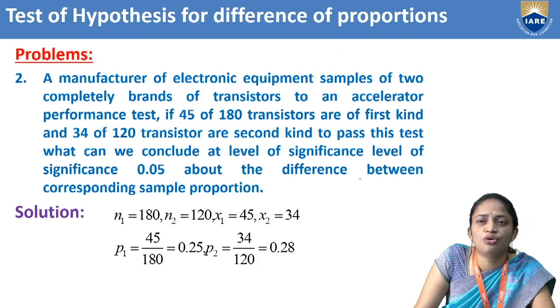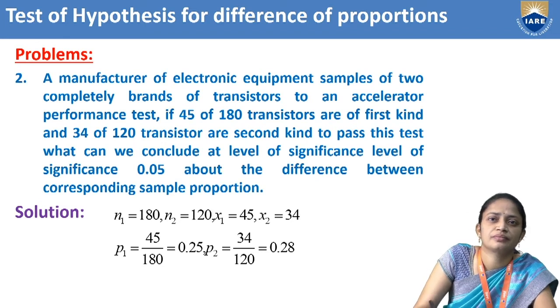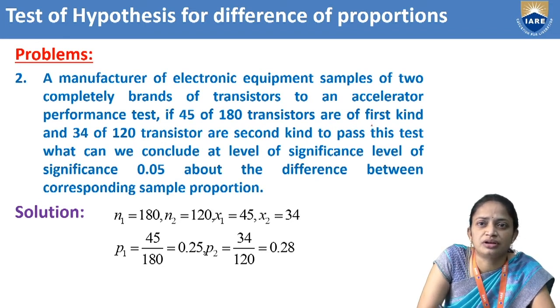Next, go for the second problem. Problem 2. A manufacturer of electronic equipment samples two brands of transistors to an accelerated performance test.